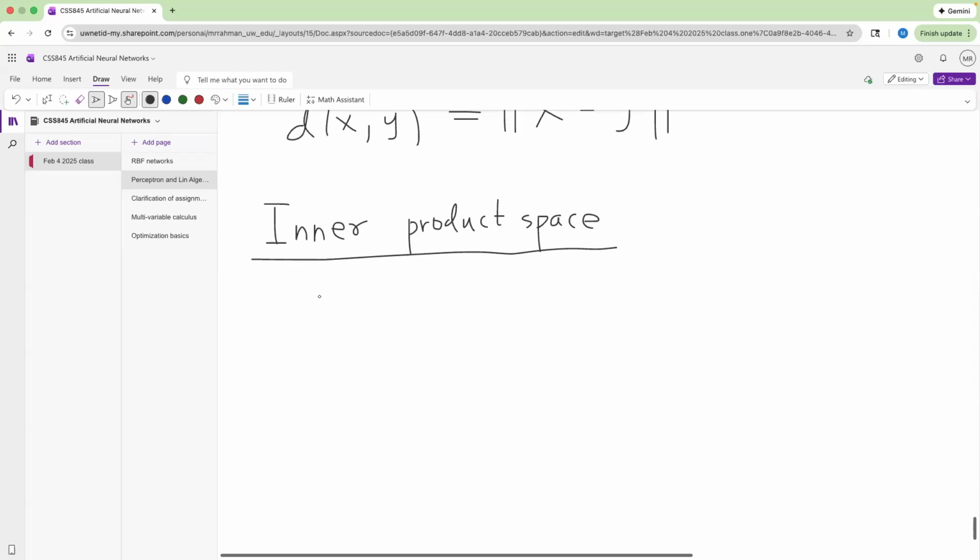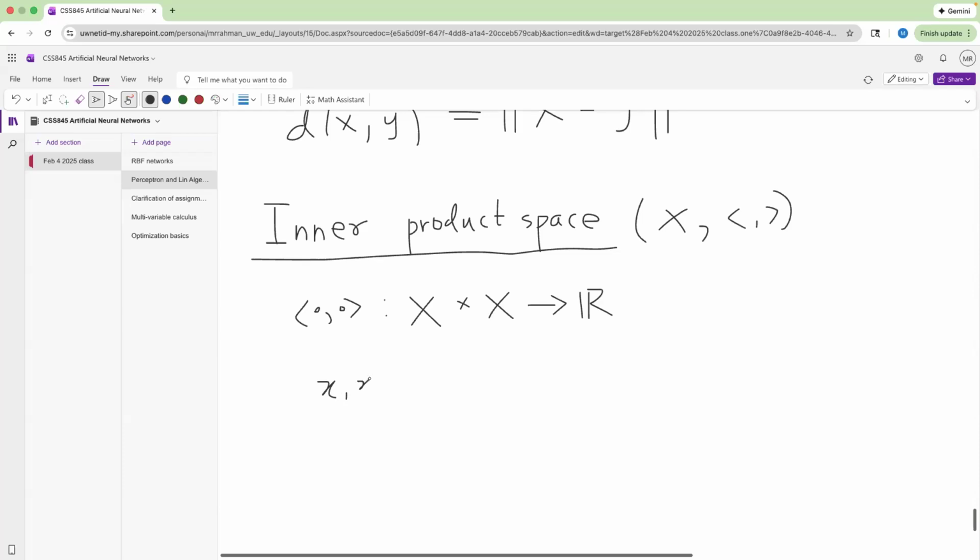So we can define a dot product as a function on a space X, denoted by these angle brackets. It's a function that takes two vectors, X cross X, and gives you a real number. And how do you define it?